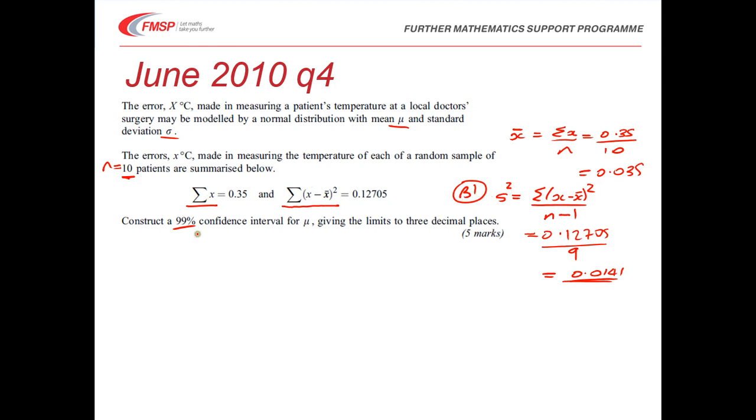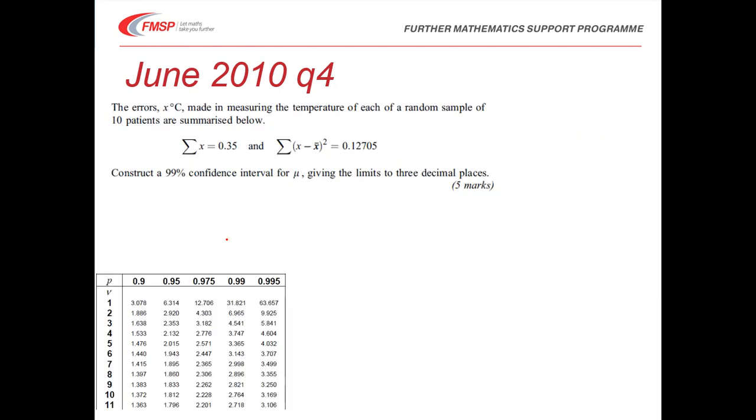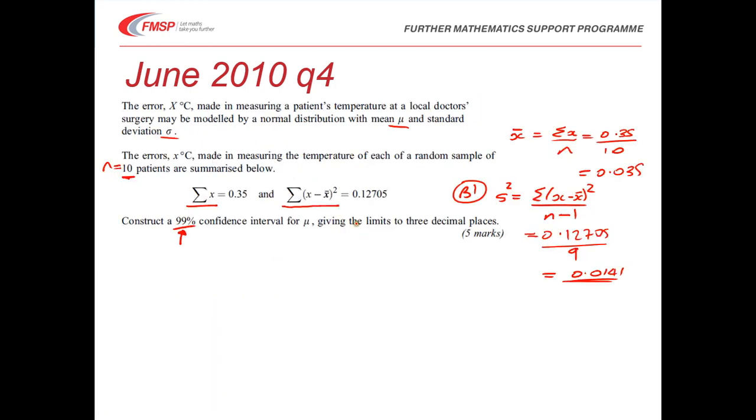So for a 99% confidence interval, you can look that up in your t-table. We are looking up t9 at 99%, and that's going to give you a value of 3.250.